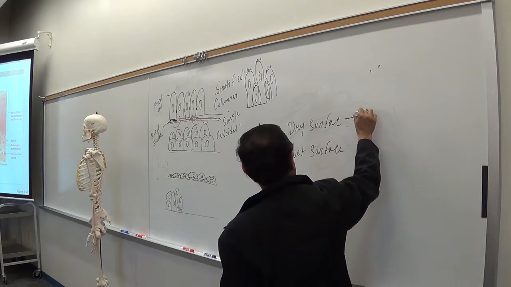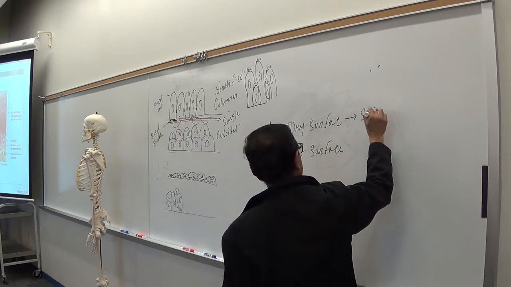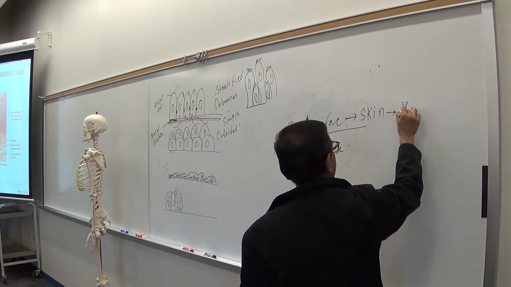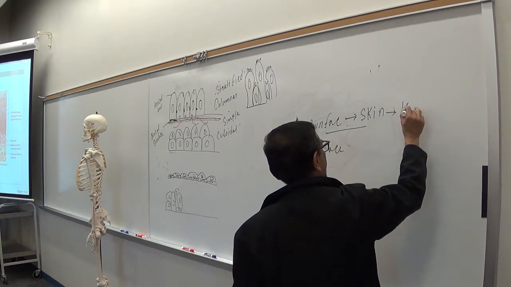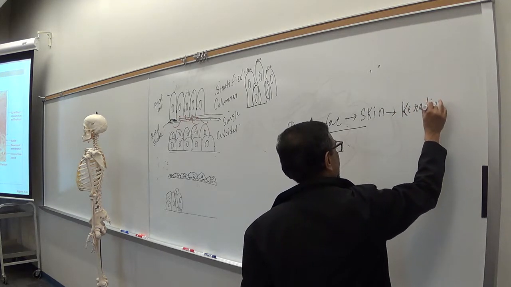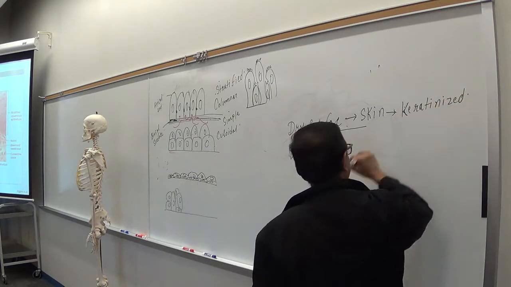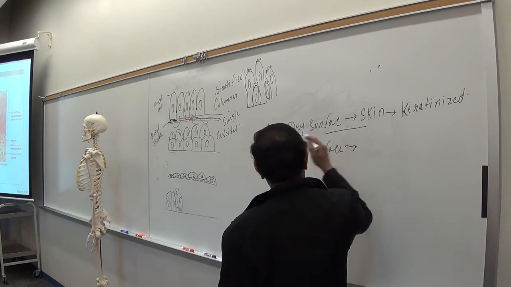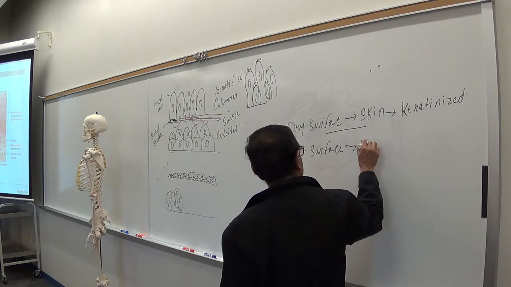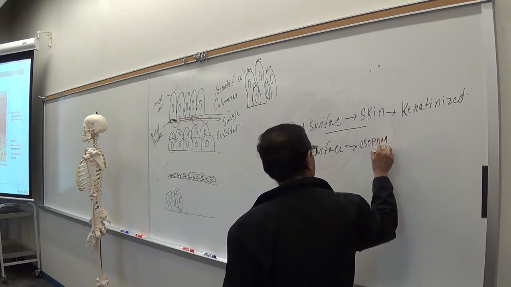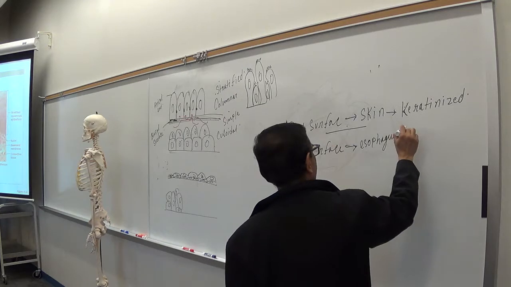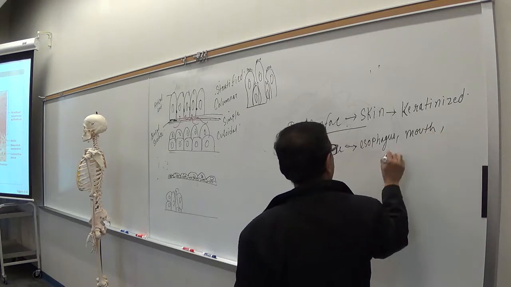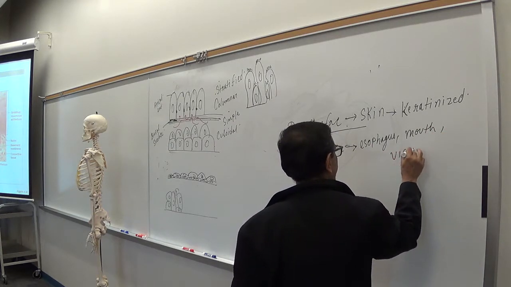The dry surface, skin is the dry surface of the body. You have one type of stratified squamous that is called keratinized, K-E-R-A-T-I, keratinized stratified squamous. In wet surface, example, esophagus, okay, mouth, inside the mouth, inner lining of vagina.